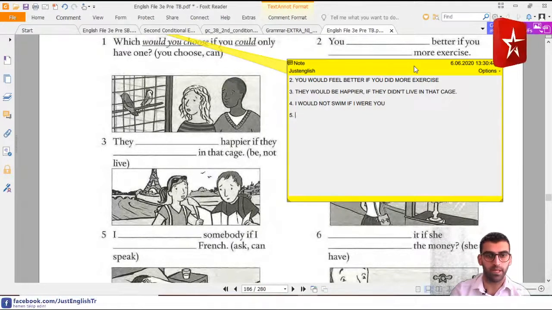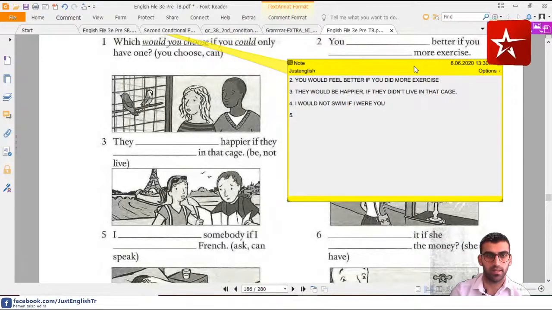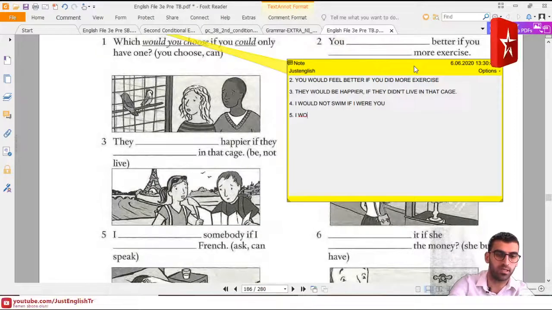We have a verb, and we have to change the verbs according to the sentence, the clause here.